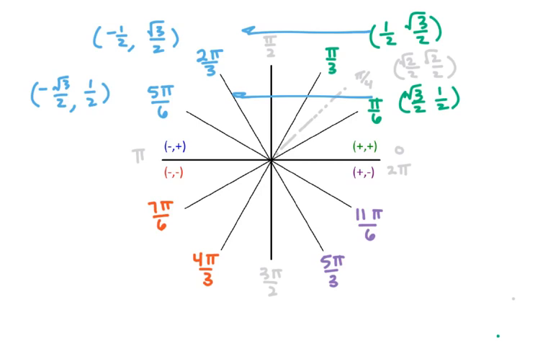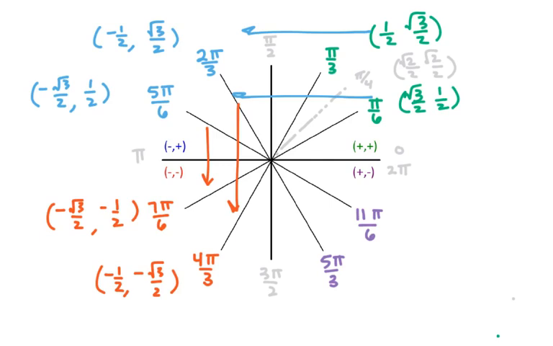All right, then we pull each of these down. We reflect them. And one thing I find is students take them and they just slide them down. We don't want to slide them. We want to think about folding them over that x-axis. So at 7 pi over 6, I actually have negative root 3 over 2, negative 1/2. And at 4 pi over 3, I have negative 1/2, negative root 3 over 2.